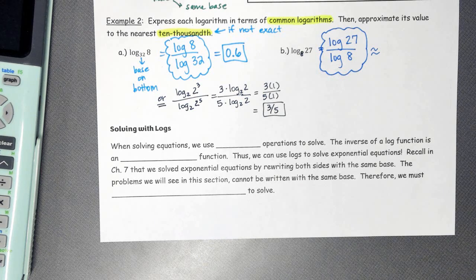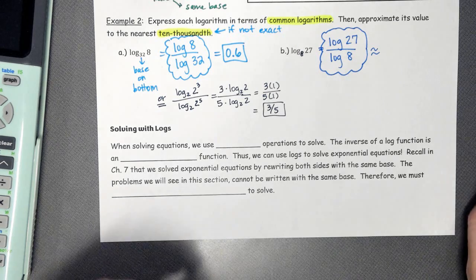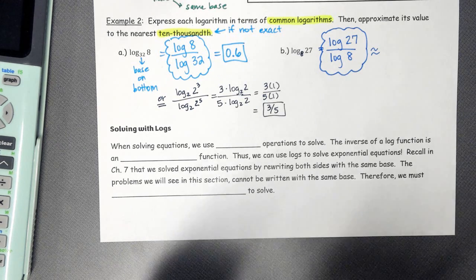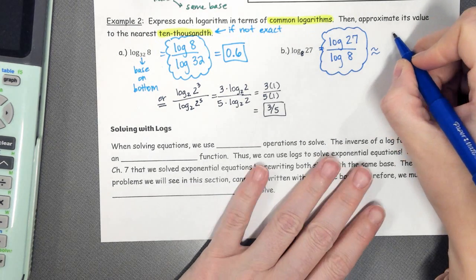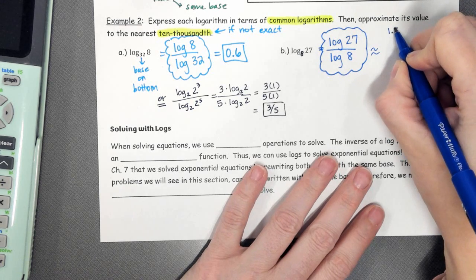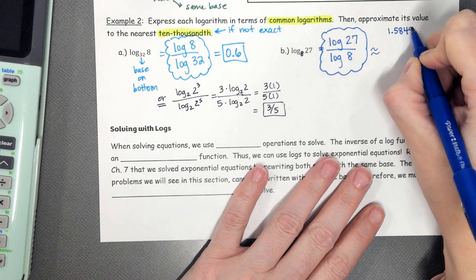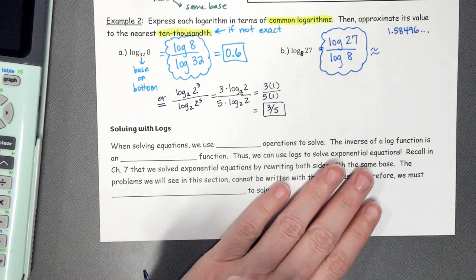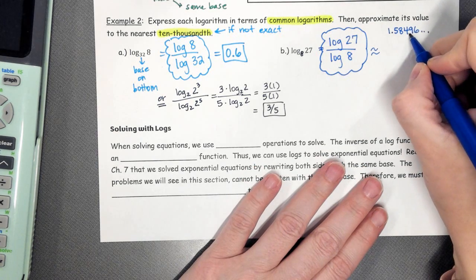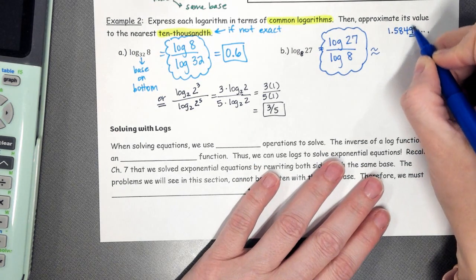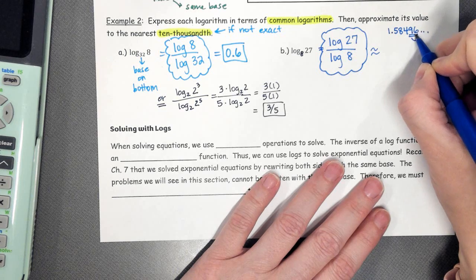Okay, so when you divided, you should have got 1.58496, and then it keeps going, right? So when you're rounding to the 10,000th, you have to look at this.